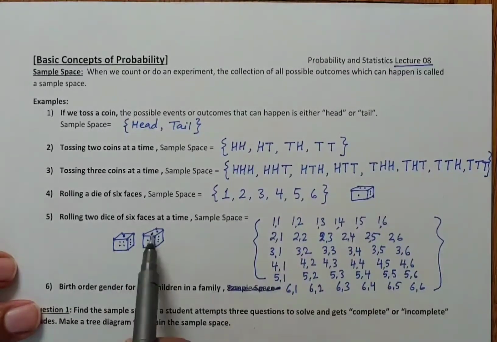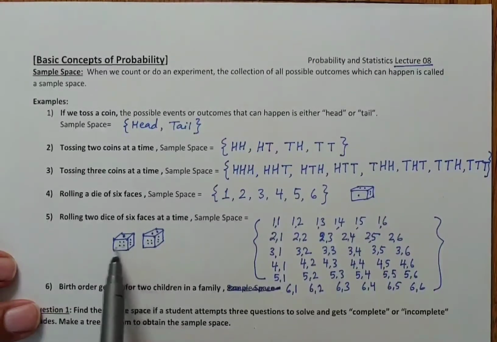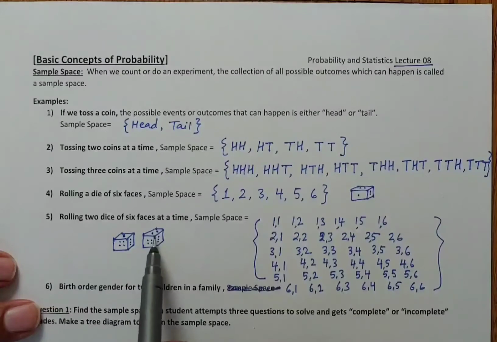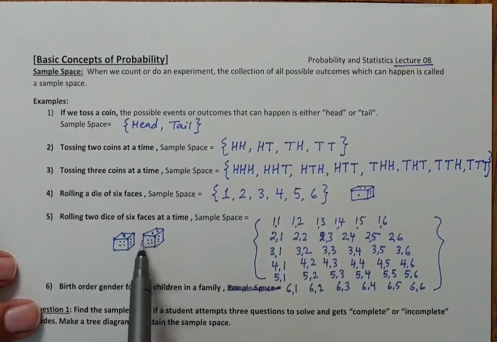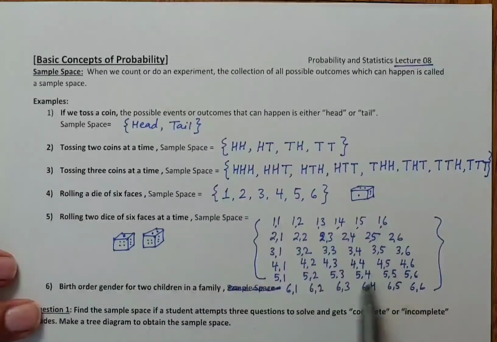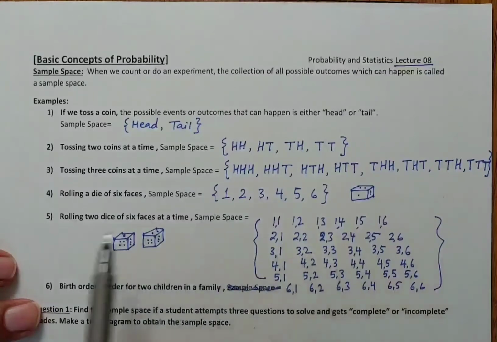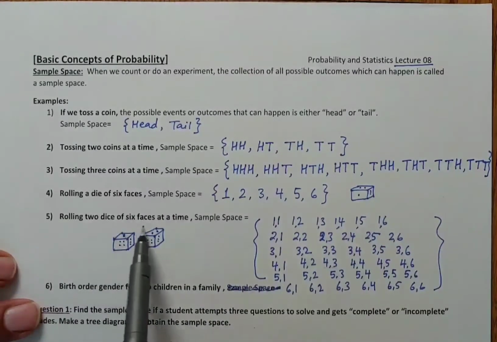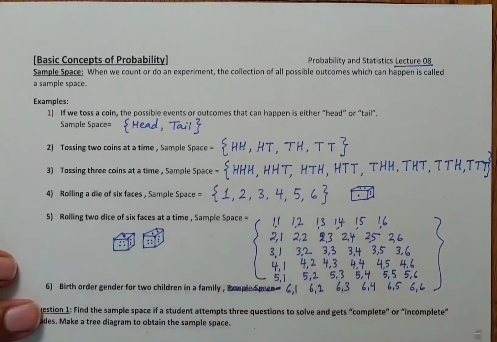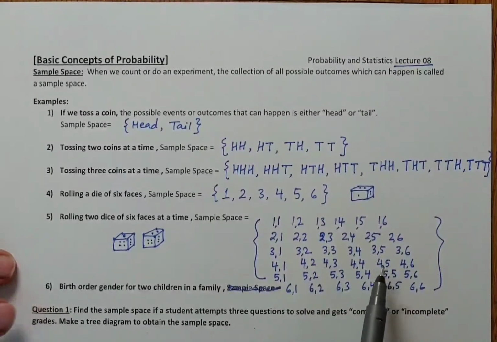You can have 1 in 1, 1 in 2, 1 in 3, 1 4, 1 5, 1 6, or you can have 2 in this one and 1 in this. So 2 1, and then 2 2, and then 2 3, 2 4, 2 5. So you can have this many possible cases. Okay, so these are all possible cases when you roll 2 dice at a time. So we get 36 possible outcomes.